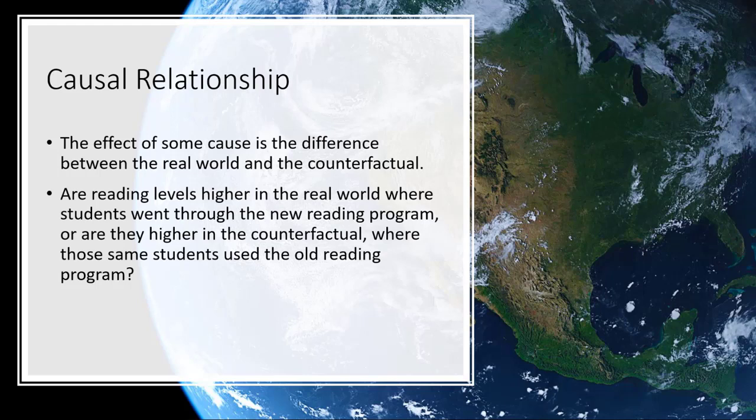So are reading levels higher in the real world, where students went through this new reading program, or are they higher in the counterfactual, where they continued using the old reading program? And that difference, we say, is the effect of the reading program. So this is, at the most intuitive level, what we're trying to get at with causal designs, is the difference between the real world and the counterfactual.